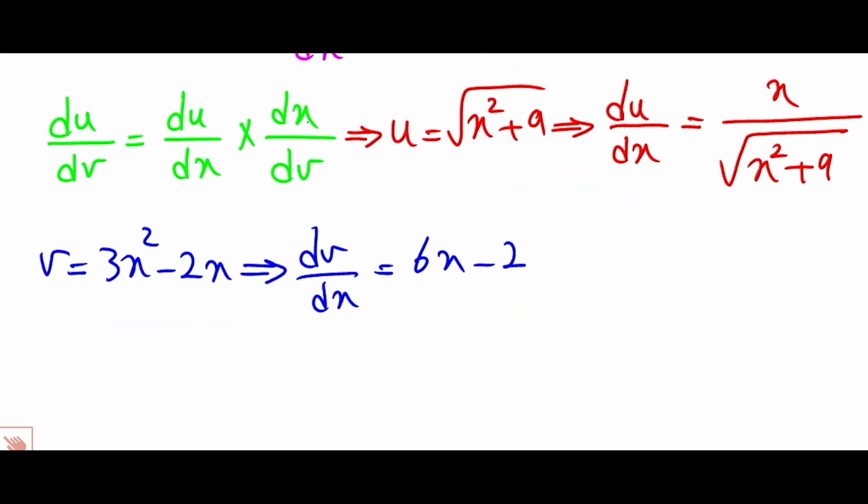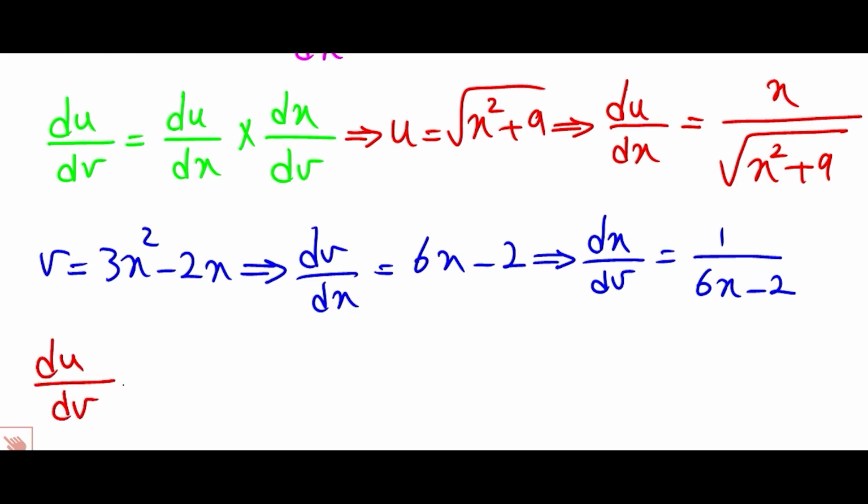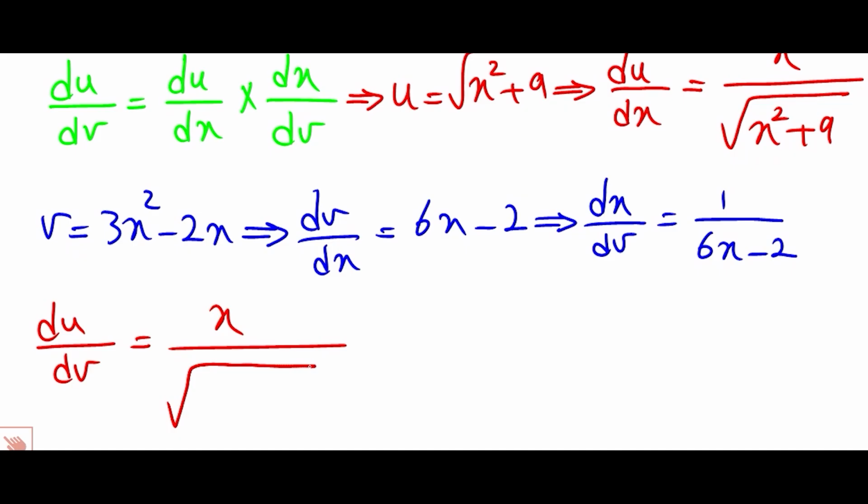But we need to find dx/dv. So dx/dv is the reciprocal of dv/dx, which is equal to 1 over 6x minus 2. So finally, the answer du/dv is equal to du/dx, which is x over the square root of x squared plus 9, times dx/dv. dx/dv is equal to 1 over 6x minus 2.